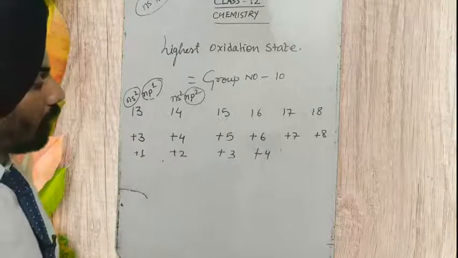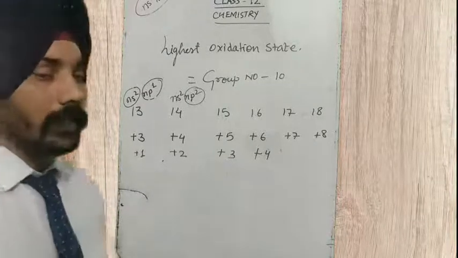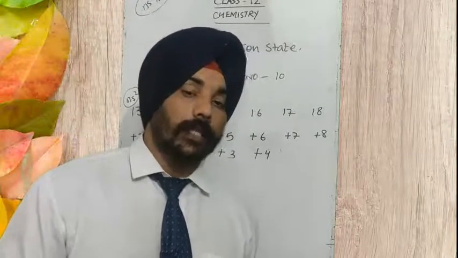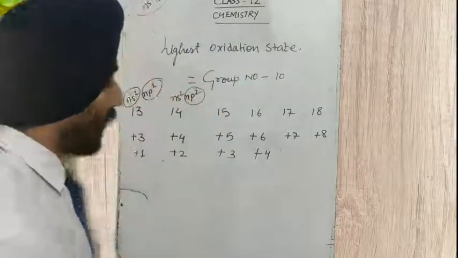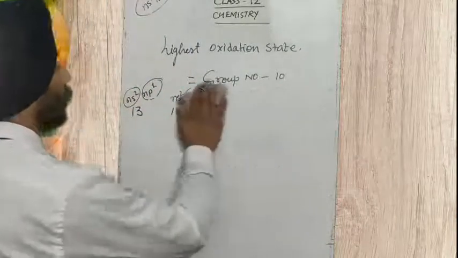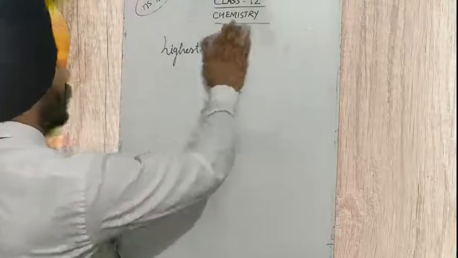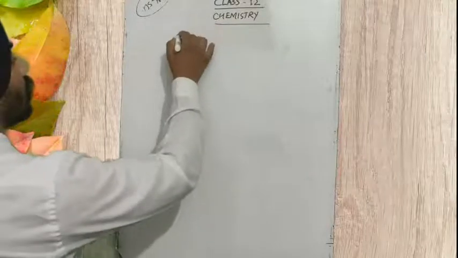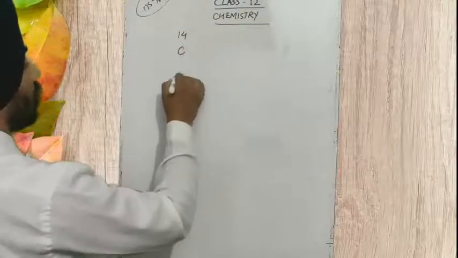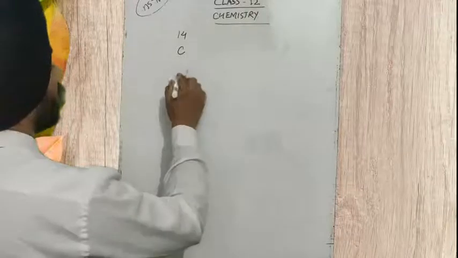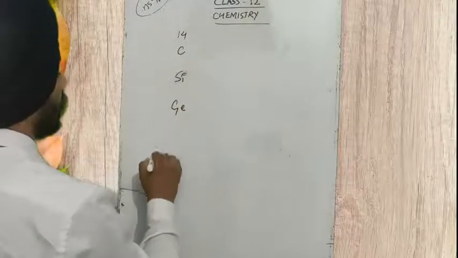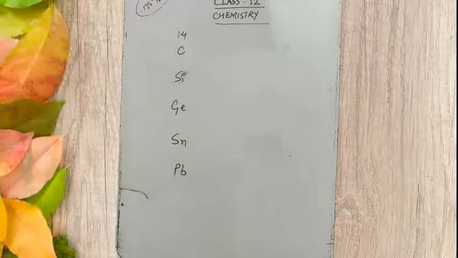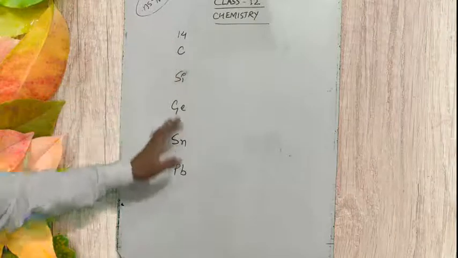Here we have to discuss the stability of the highest oxidation state and lowest oxidation state in a group. Let's talk about the family of carbon: carbon, silicon, germanium, tin and lead. These are the elements we have in the carbon family.